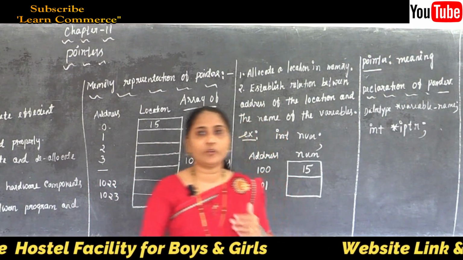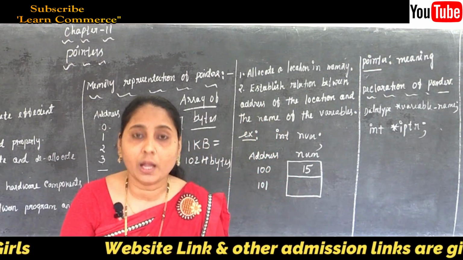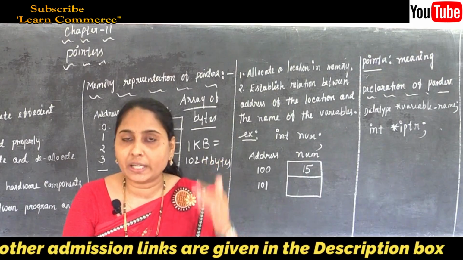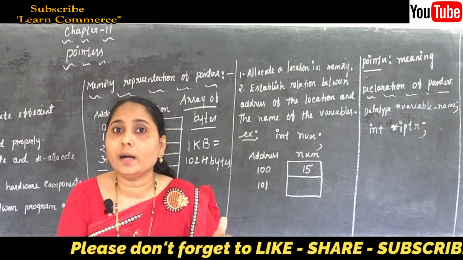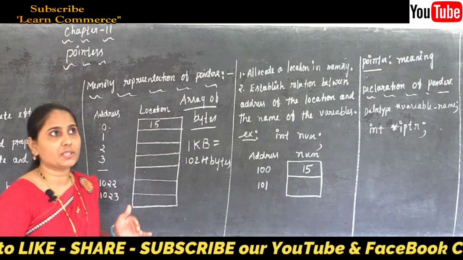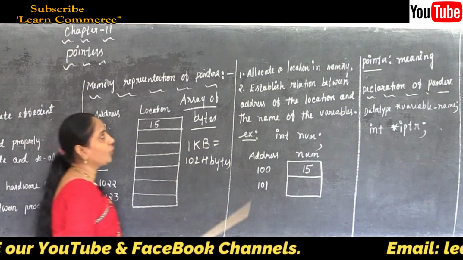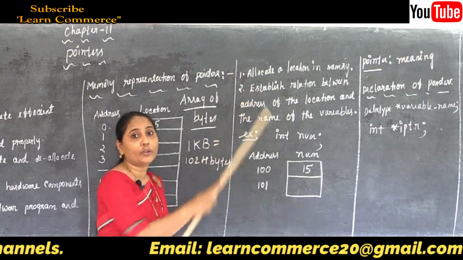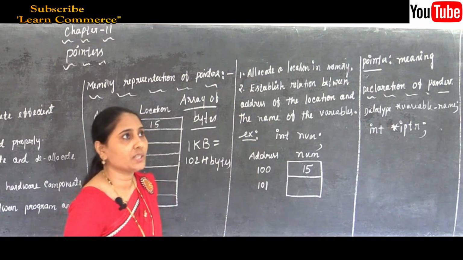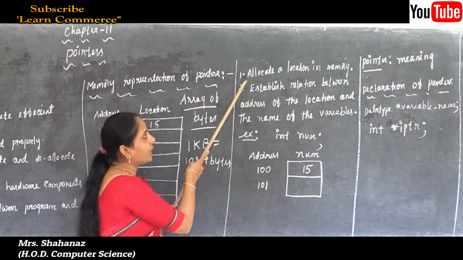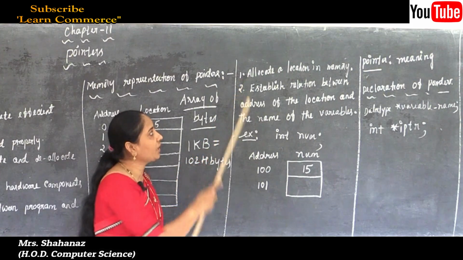Whatever variable you declare in a program, at that time the declaration is telling our compiler to perform some operations. So what does it tell the compiler to perform? The first operation is to allocate a location in memory.